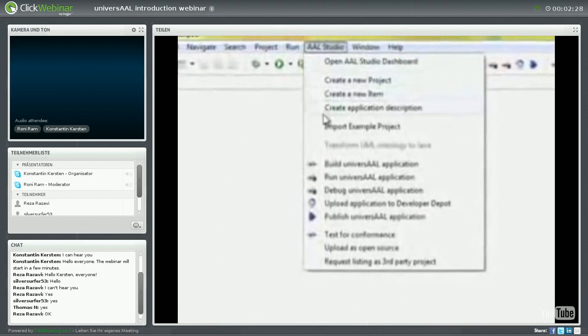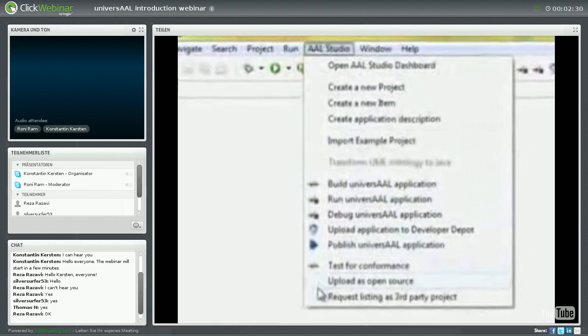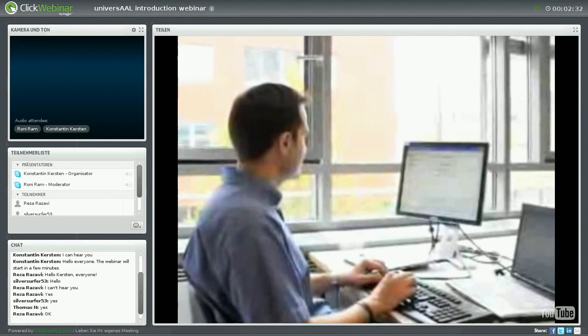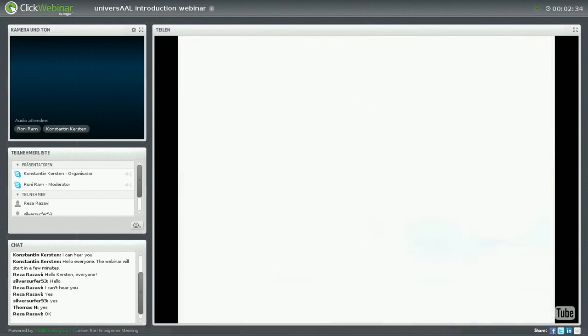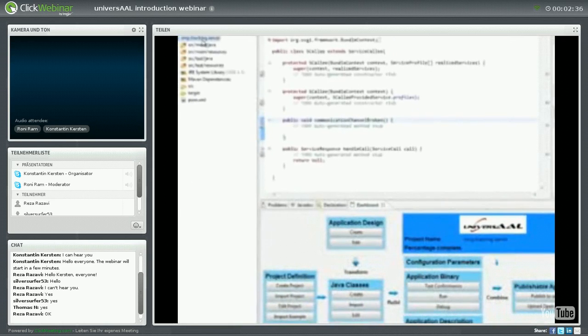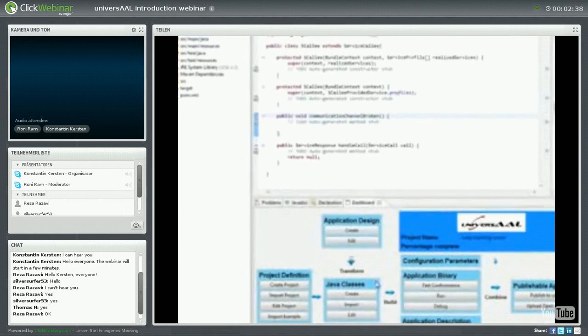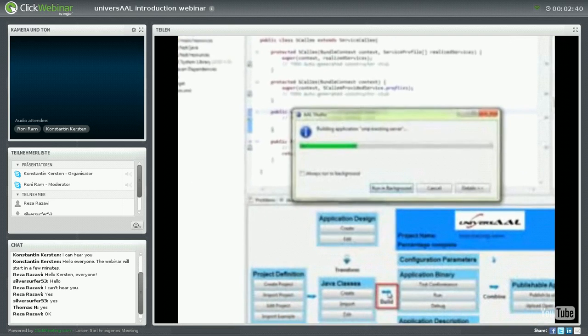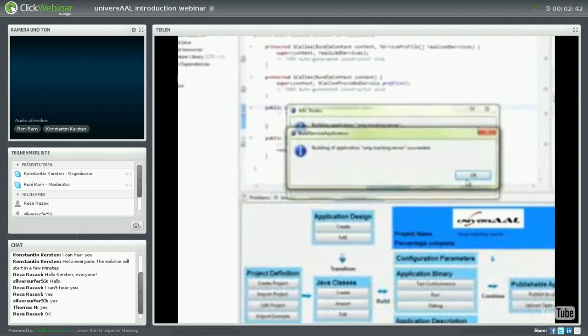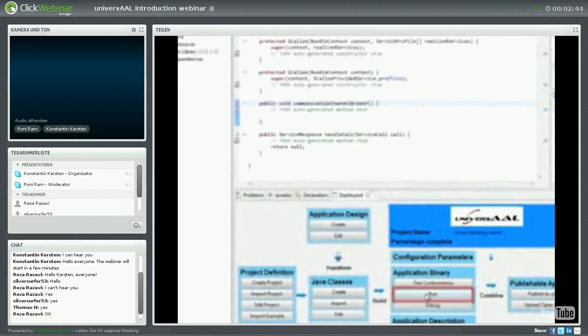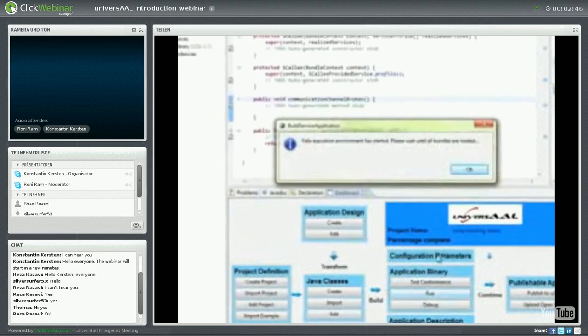The AAL Studio will make it easier to start the development and will make the development process more efficient. The Open AAL Studio dashboard allows the developer controlling the whole development cycle easily.